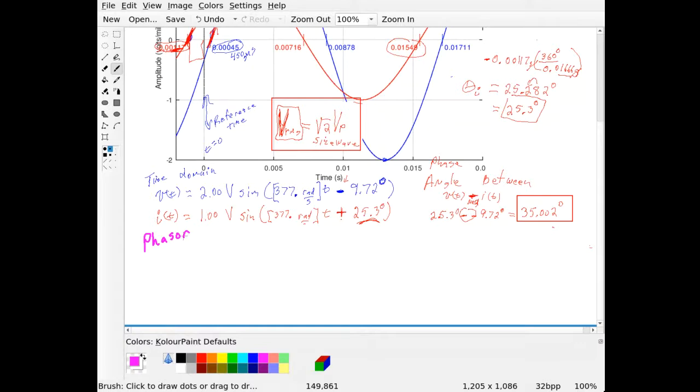Let me write it in bold here. Okay, so the phasor domain.